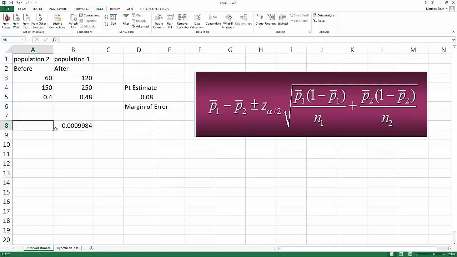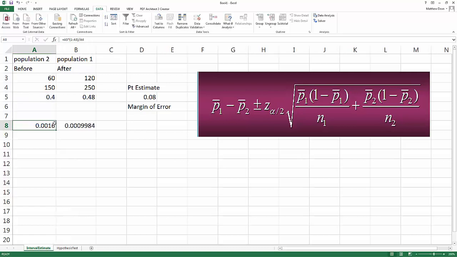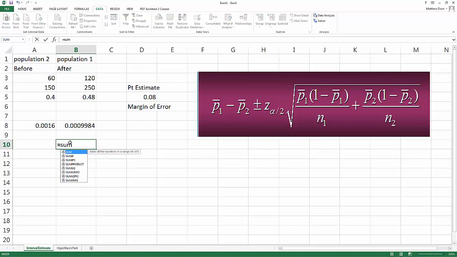So then we need to do the same thing over here. Yep, 0.4, 1 minus 0.4 is 0.6, divided by 150. So now we need to add those two together. I'm going to do that down here. I'll use the sum function.